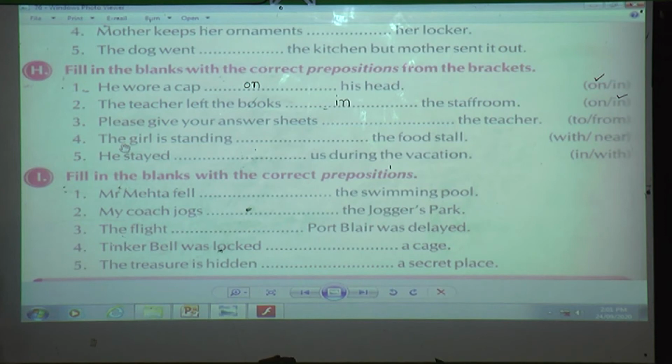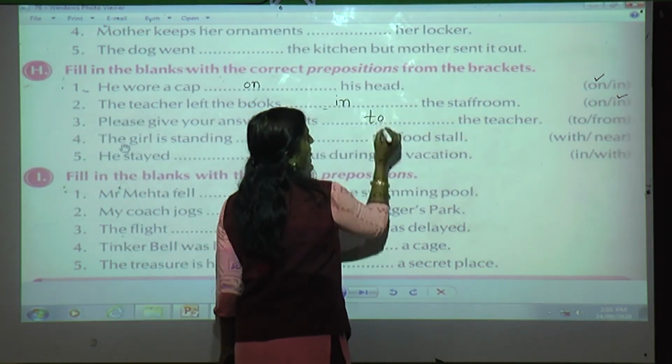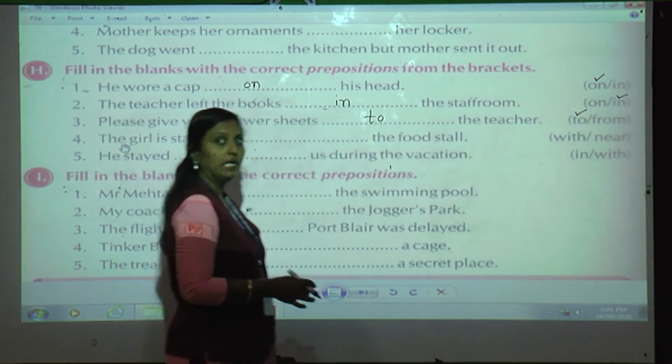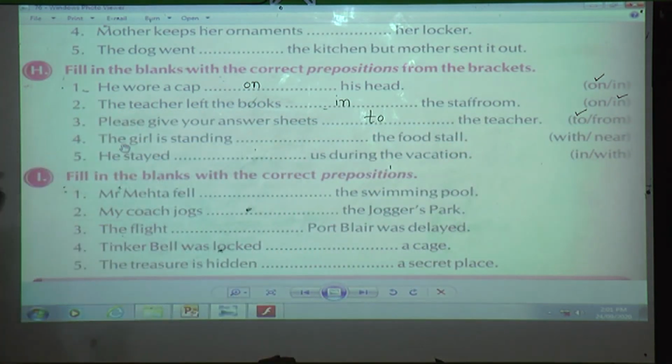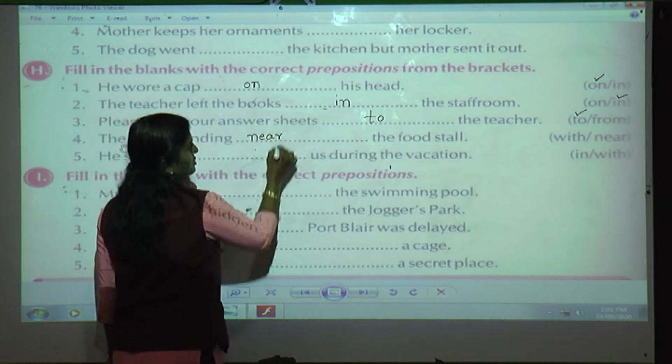Please give your answer sheets dash the teacher. To whom do we have to give? Yes, to the teacher. So the correct preposition will be to. The girl is standing dash the food stall. Now, where is she standing? Near the food stall.